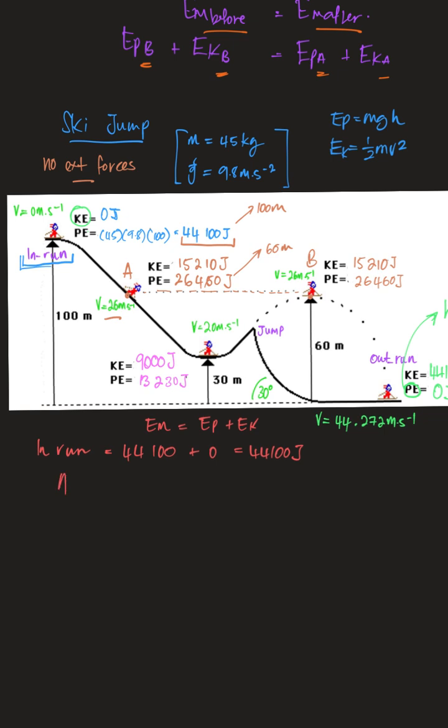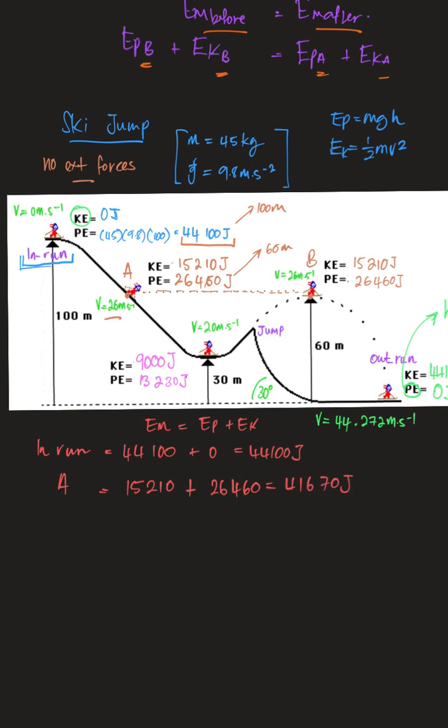Right, at point A over there, I've got 15,210 plus 26,460. And if I add all of that up, I'm going to get 41,670 joules.